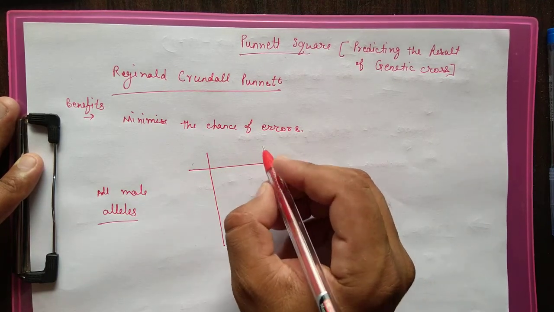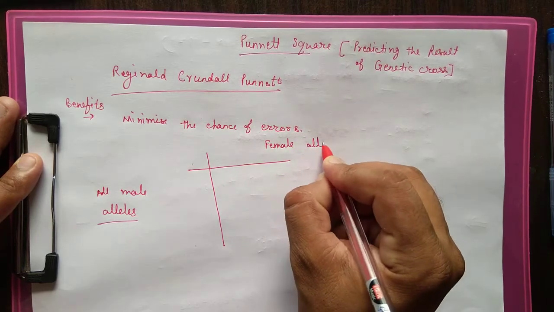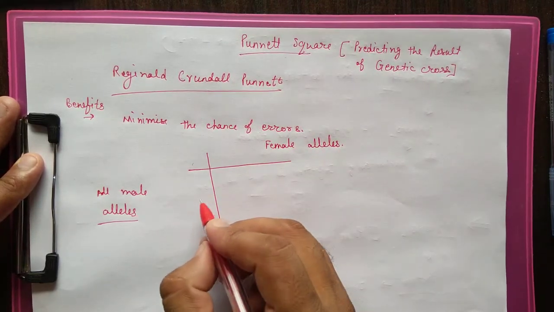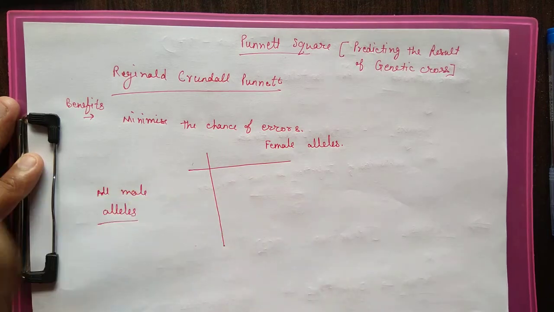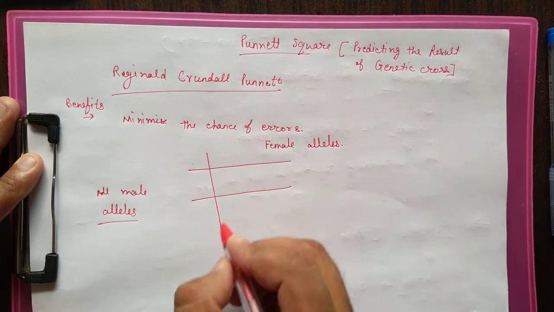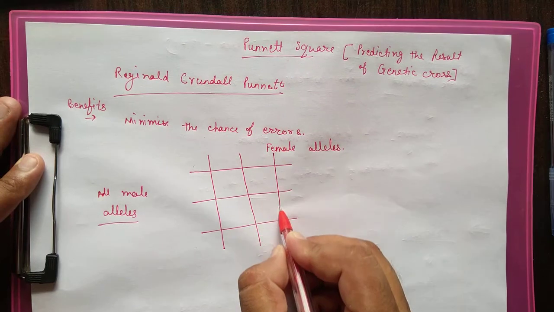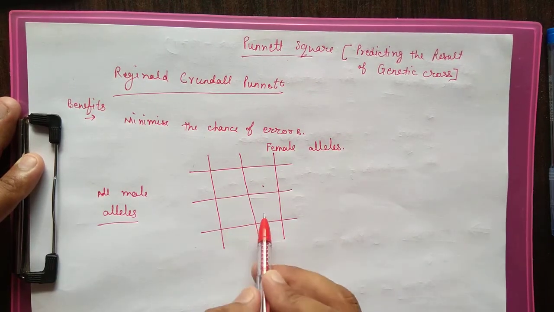On the horizontal line, the female gene alleles. So we make boxes. Since we are doing two, we form two boxes. So these are the Punnett squares.